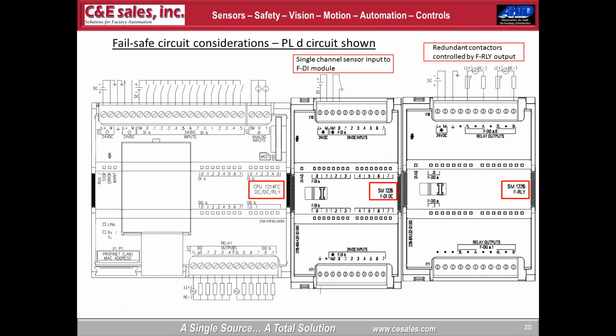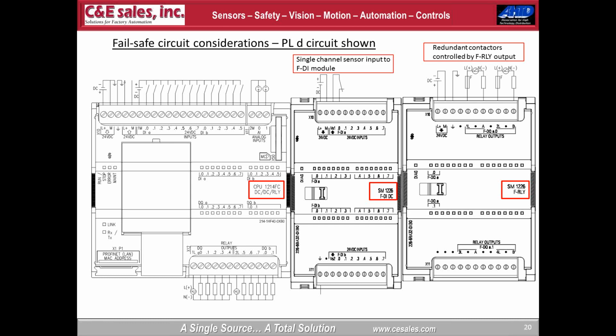Lastly, I want to talk a little bit about some of the performance level we spoke of in some of the earlier seminars. This simple arrangement here are just some AutoCAD sketches showing a Failsafe 1200 CPU with a Failsafe input module and a Failsafe relay output module.